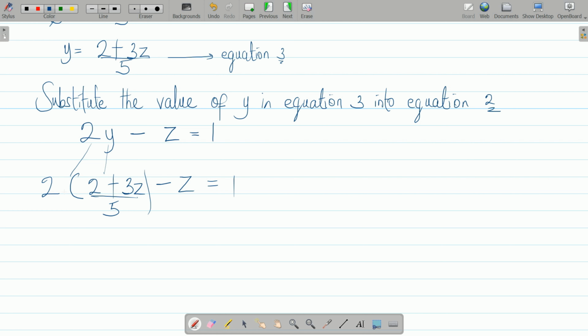Multiply 2 with the numerator. 2 times 2 is 4 and 2 times 3z is 6z. Don't forget the denominator 5. I made the z a unit fraction by dividing by 1.